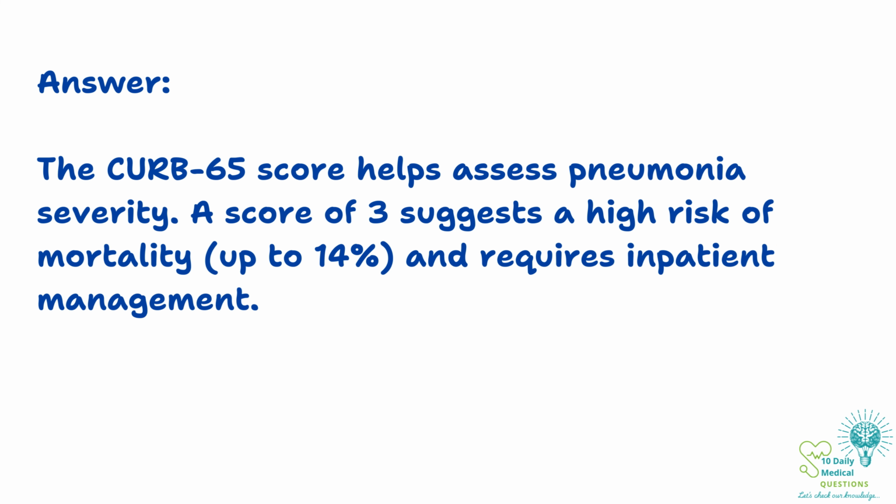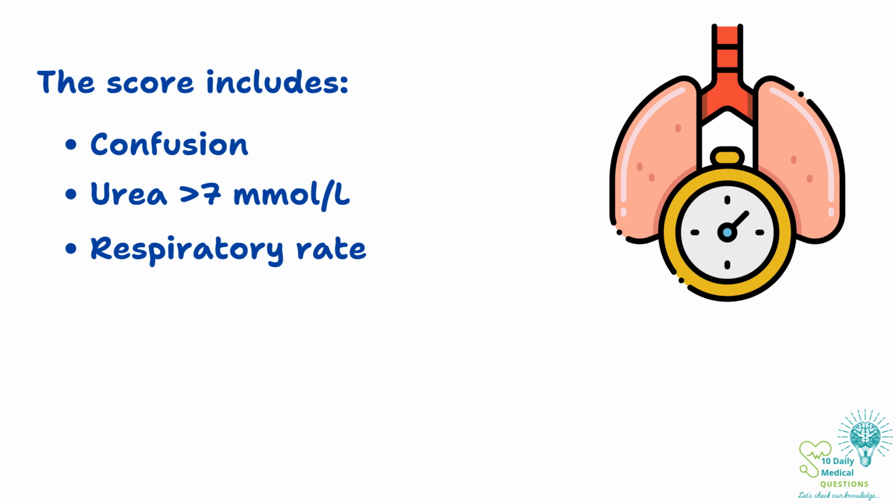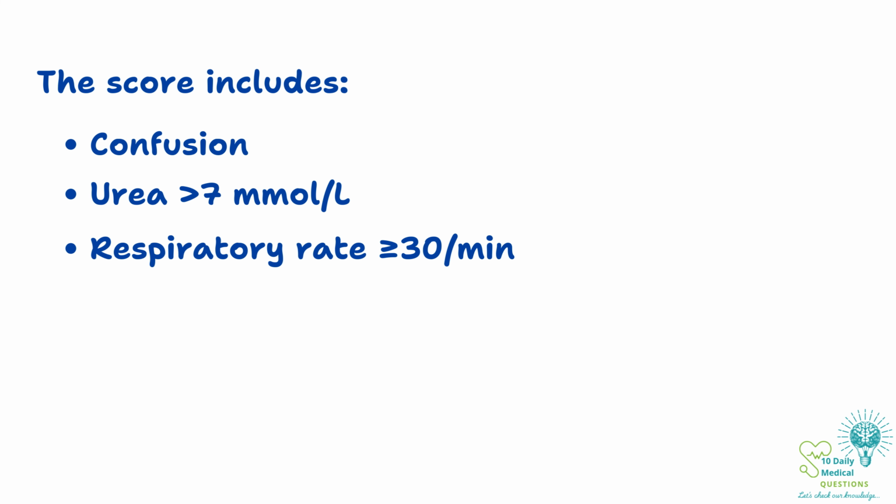The score includes confusion, urea greater than 7 millimole per liter, respiratory rate greater than or equal to 30 per minute, blood pressure less than 90/60 mm of mercury, and age greater than or equal to 65.